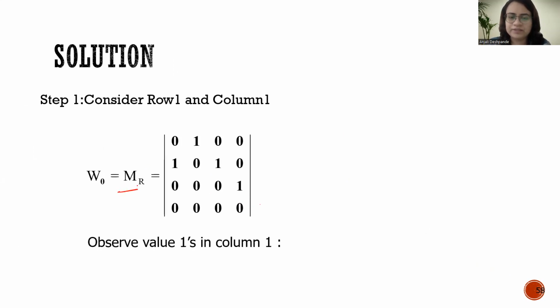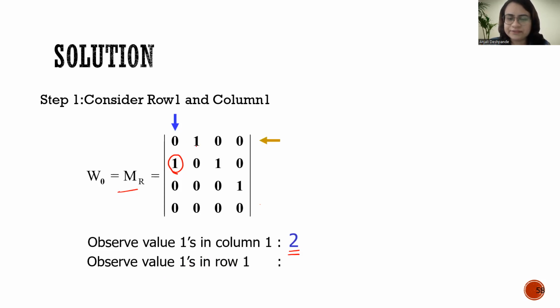Now, observe the values of ones in the first column. First column is this. Observe the place of 1. So 1 is here in the first column. Write down its corresponding position. So it is present at second position. Then observe the value of ones in the first row.